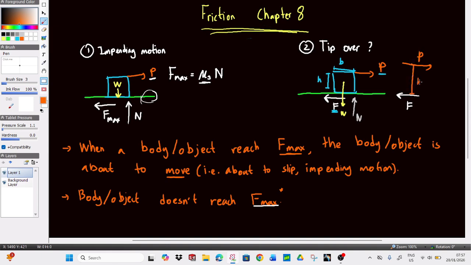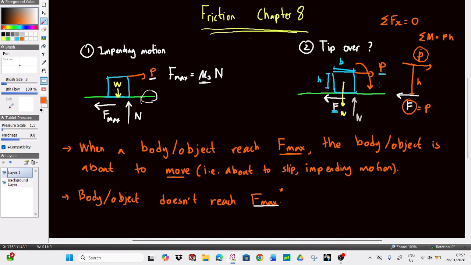This is H. I say they create a couple moment because P and F are the same: the box is not moving, and our summation of Fx equals 0. It's a static case, so F equals P. So your summation of moment would be P times H, and it will make the box go clockwise.